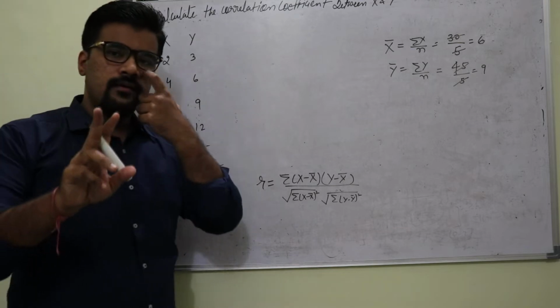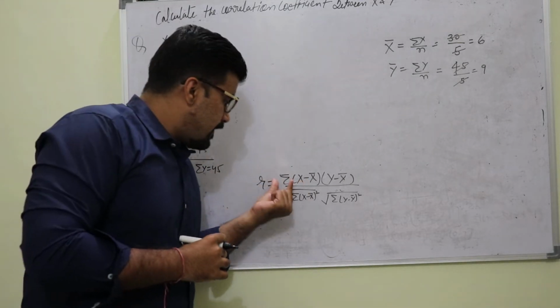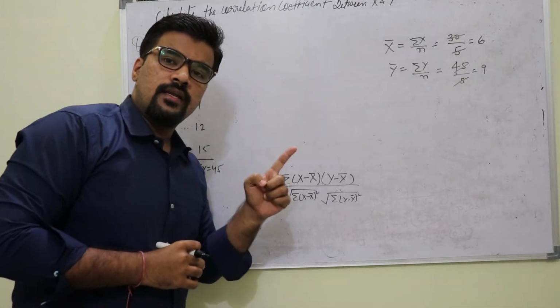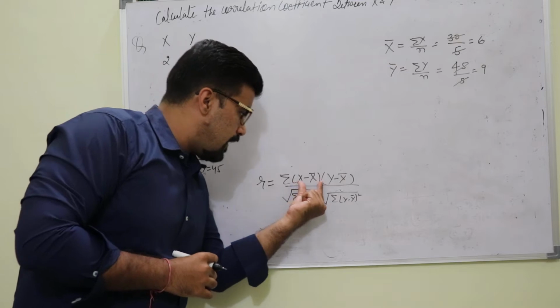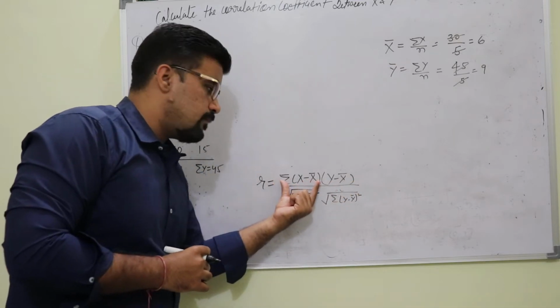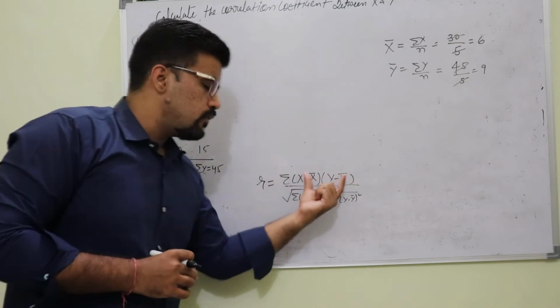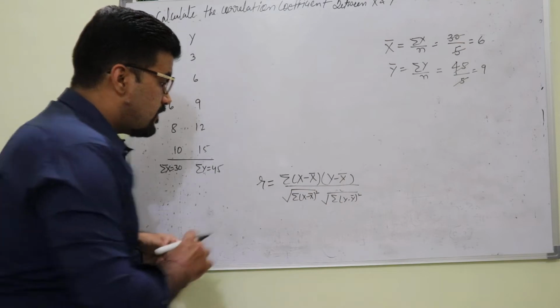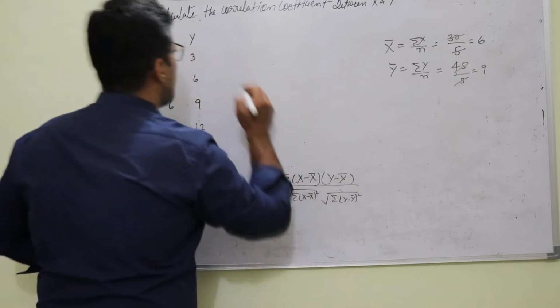Now please focus on the formula. Formula is saying that sigma means total. You need this total of (x minus x bar) into (y minus y bar). Sometimes what students do, they calculate the total of x minus x bar and then they calculate the total of y minus y bar and then put both the values and multiply. No, it is saying that first of all you need to find this x minus x bar.